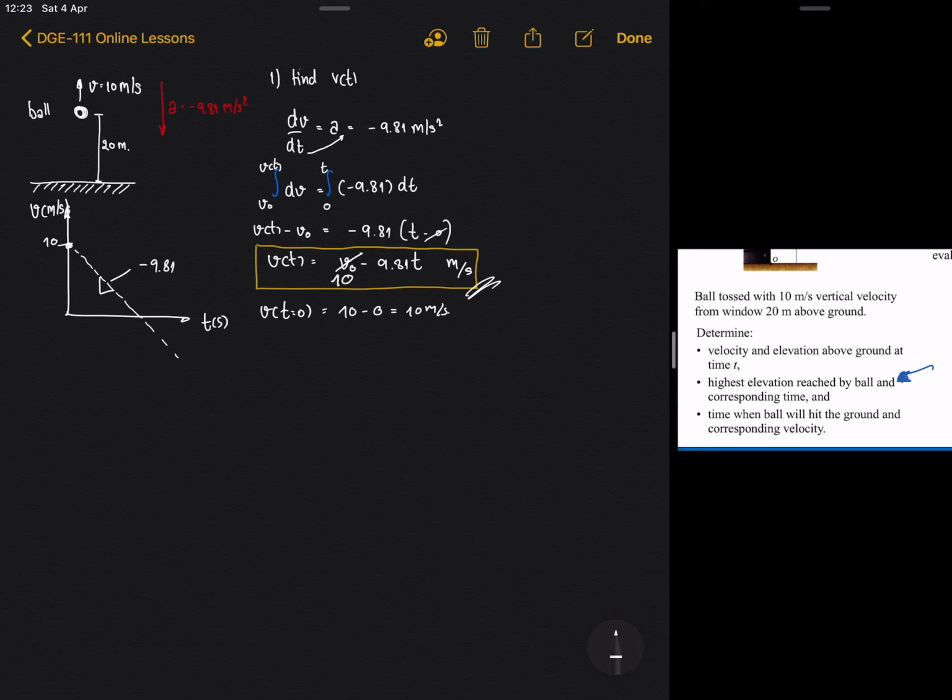Okay, the highest elevation reached by the ball and the corresponding time. So second, what is Smax, and what is T of Smax? Okay.